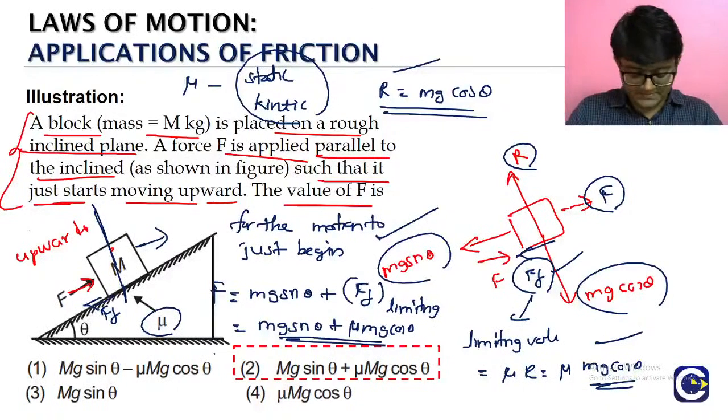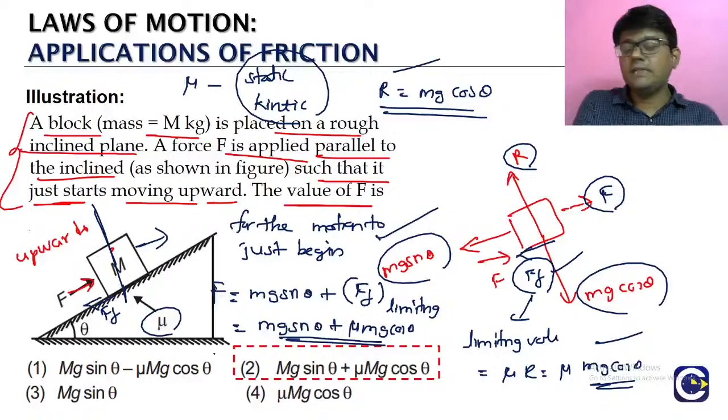Check it, guys. I am expecting you to respond to these questions because they are not that tough. So what is happening here? The condition is just the block having a tendency to move upwards along the plane.